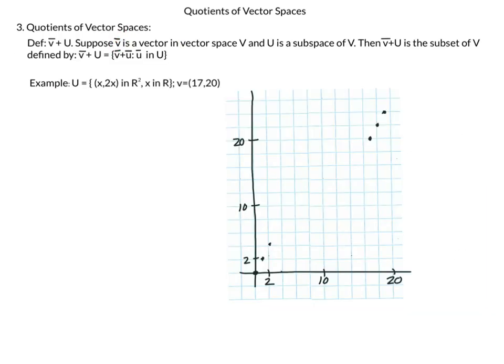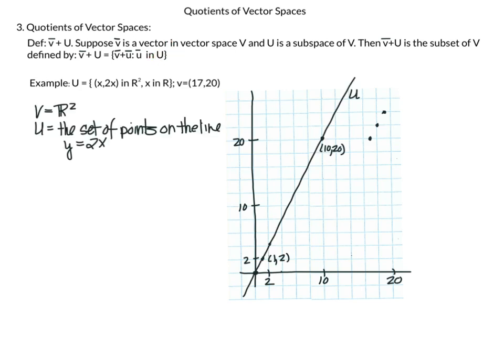Suppose v is a vector in vector space V and U is a subspace of V. Then v plus U is the subset of V defined by v plus u for all vectors u in the subspace U. So writing this down, our vector space V is R2. U is our set of points such that the y value is equal to twice the first value.